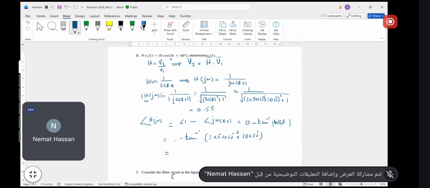What did you get? So it's minus 28.8. Okay, let's check it. I don't even have the inverse tan. No, sorry. Minus 56.3.